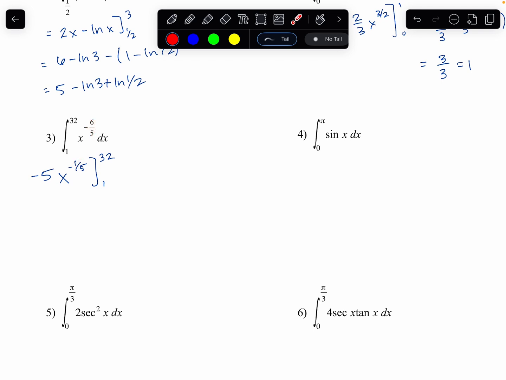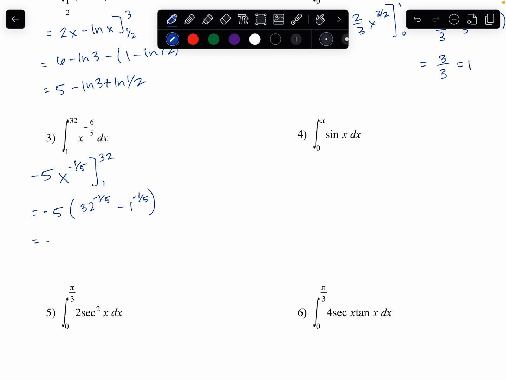Okay, and then let's evaluate. So we got negative 5. I'm going to plug in 32 to the negative 1/5, and then minus 1 to the negative 1/5.